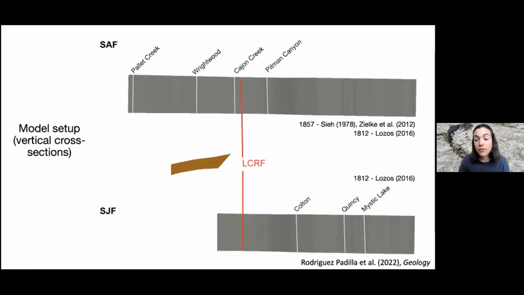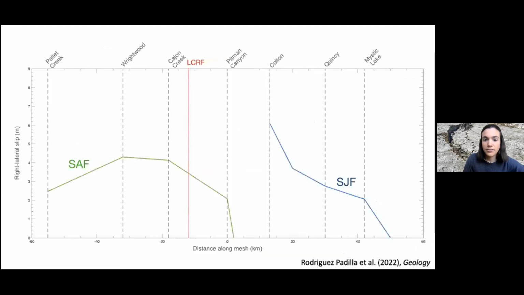So for the 1812 earthquake, I'm going to use the work of Lozos 2016, his final slip from his preferred model, which matches slip on paleoseismic sites, which is why he preferred that one. And then for 1857, I'm going to use the work of Sieh and Zielke, which are slightly different, and we're going to discuss how those records are different.